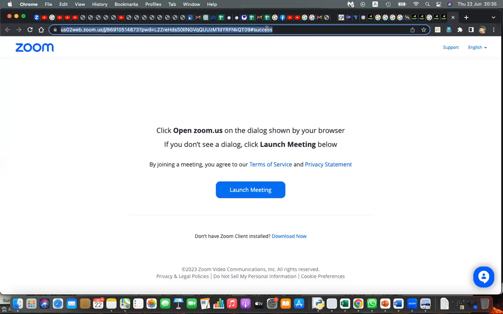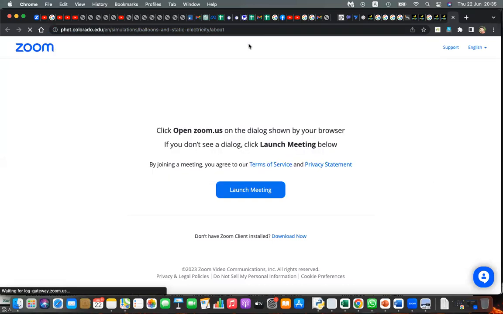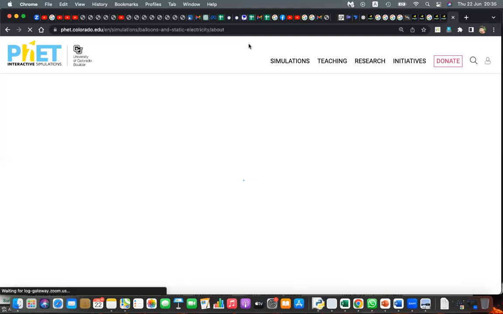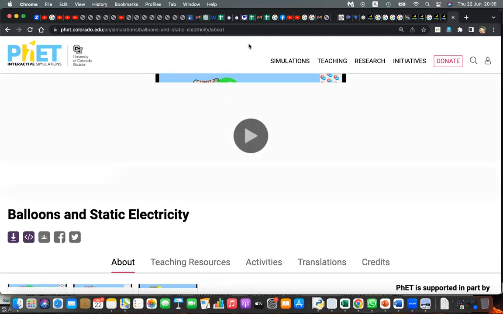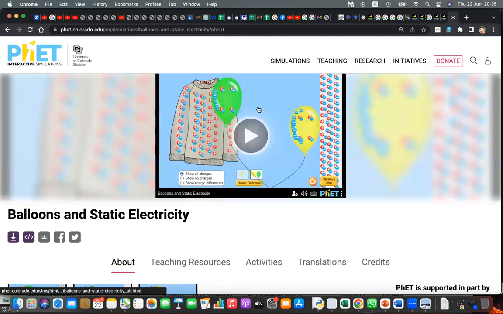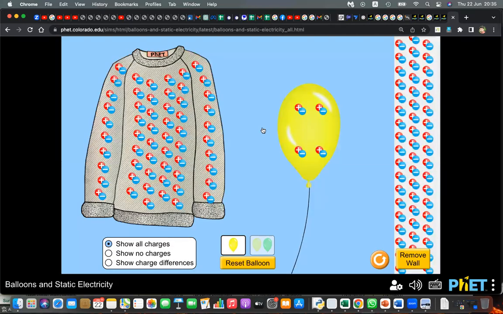Here, static electricity we just discussed using this. Hope you can remember the balloon and rubbing that on a shirt or cloth.